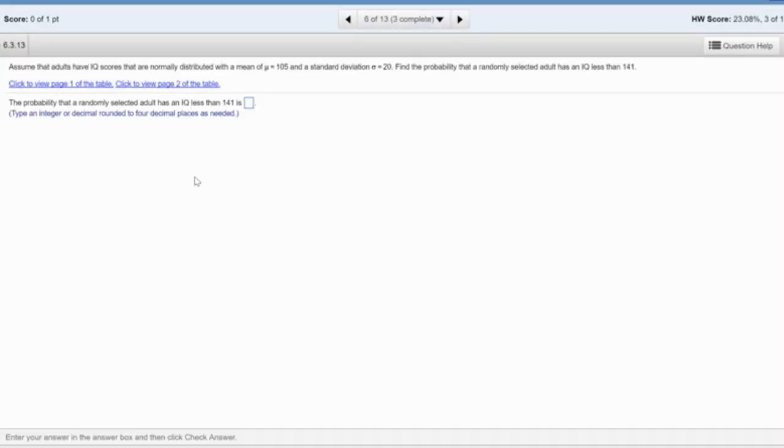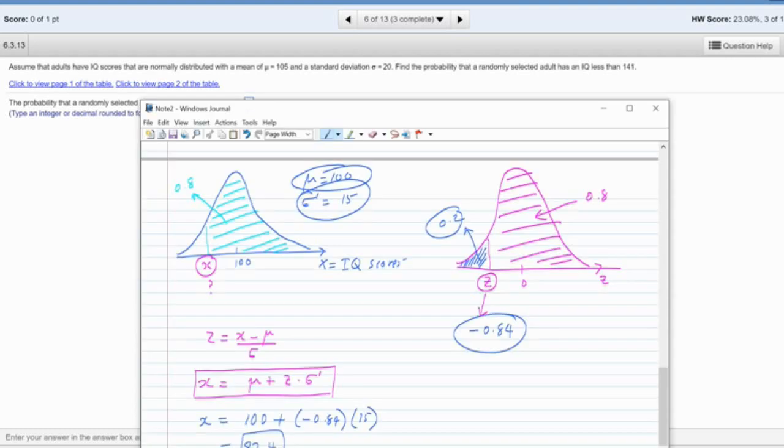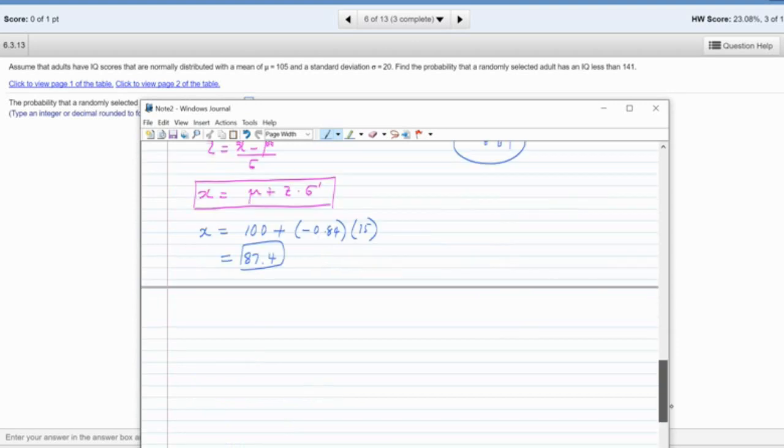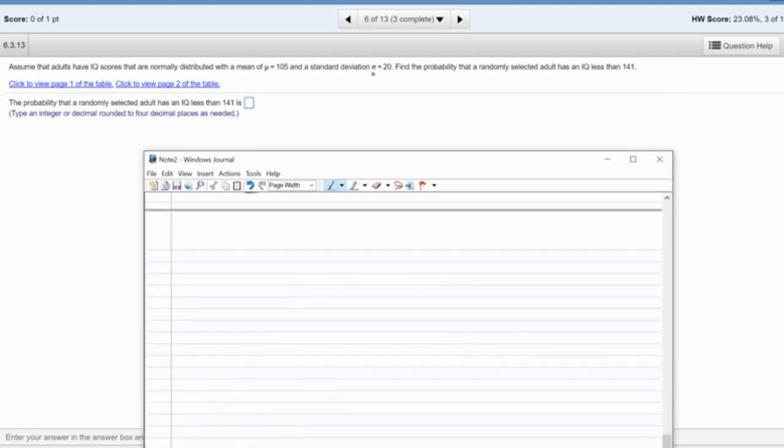Now the next one I want to discuss is number 6, this question. It says, assume that adults' IQ scores are normally distributed with mean 105 and standard deviation 20. Find the probability that a randomly selected adult has an IQ less than 141. First you have to draw this whole thing using the normal distribution, because the IQ scores are normally distributed.